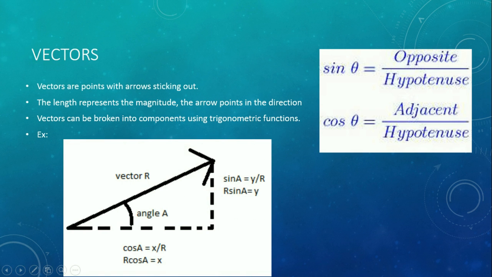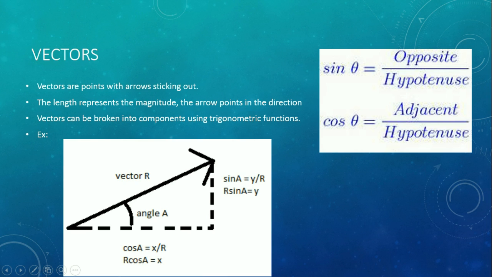So knowing that sine of theta, or A in this case, is opposite over hypotenuse, opposite is going to be y, and then r will be the hypotenuse. So sine of A equals y over r. So if we want to solve for y, we move r over to the other side. So r sine of A equals y. So that's how you break up the y component. So the y component is r times the sine of theta.